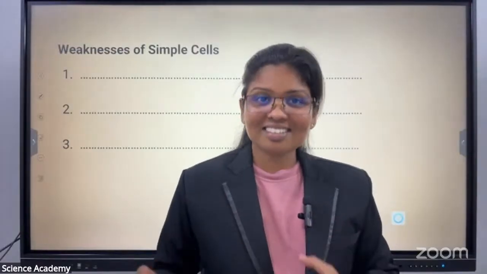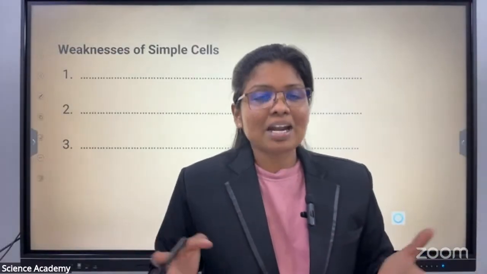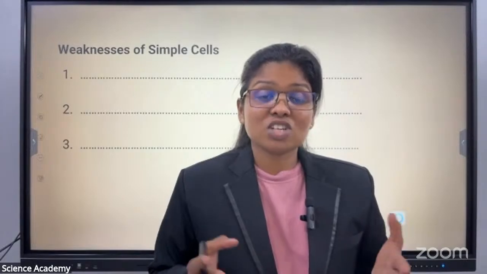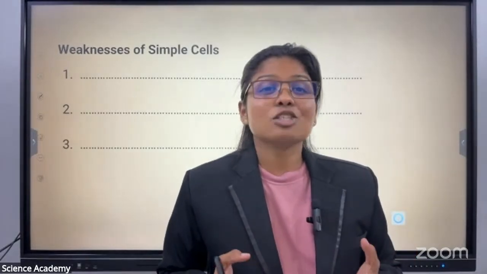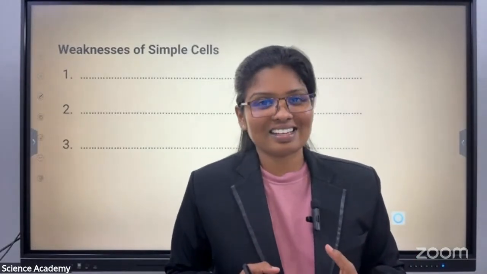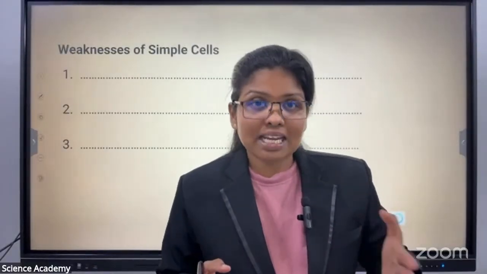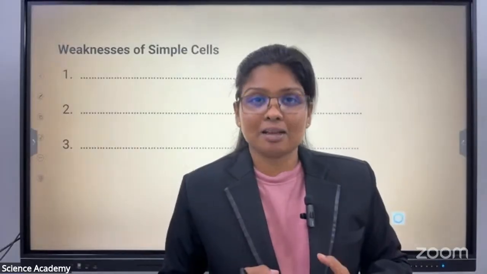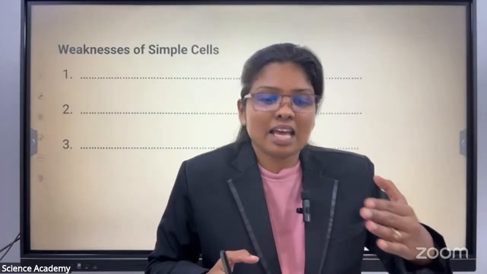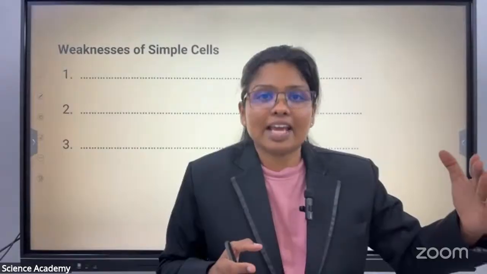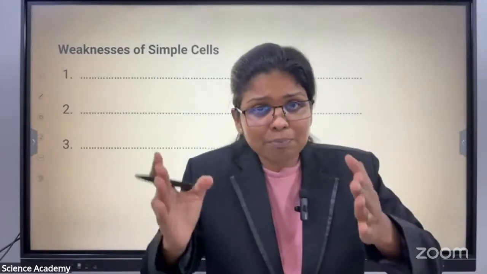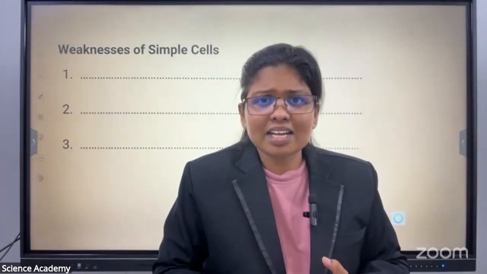One thing is that the generation of electric current is very low in the simple cell, right? So what is the other thing? Zinc plate depletes very rapidly. Depletes means it dissolves away and wears out. Zinc plate depletes very rapidly, right?